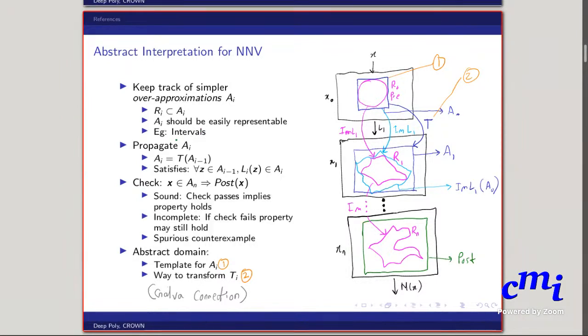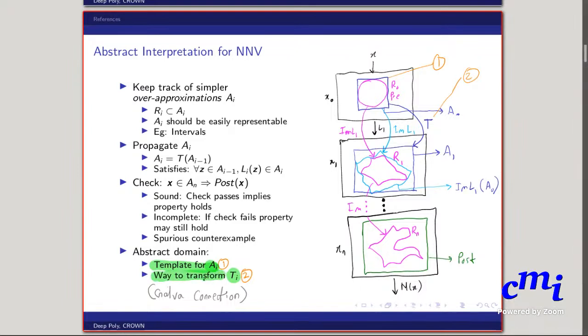So that essentially is an answer to the question of what these AIs are, and in fact, what a template for creating these AIs is, right? And similarly, we also need to answer what this transformer should do. What should this abstract transformer be that takes one of these deep blue regions to this other deep blue region, that takes AI to AI plus 1, right? So what is this TI, this way to transform these AIs?